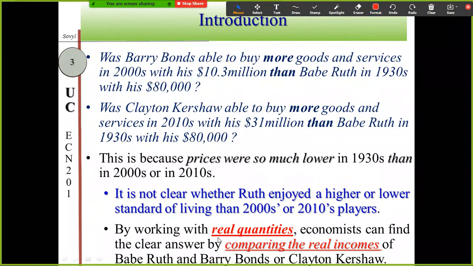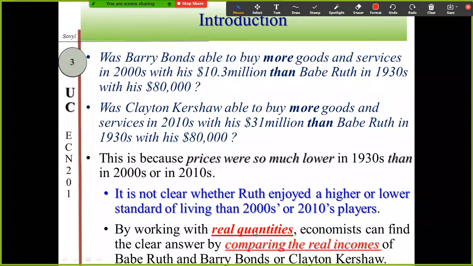By working with real quantities, economists can find the clear answer, by comparing the real incomes of Babe Ruth in 1931 to Barry Bonds in the 2000s, or Babe Ruth in 1931 to Clayton Kershaw in the 2010s.